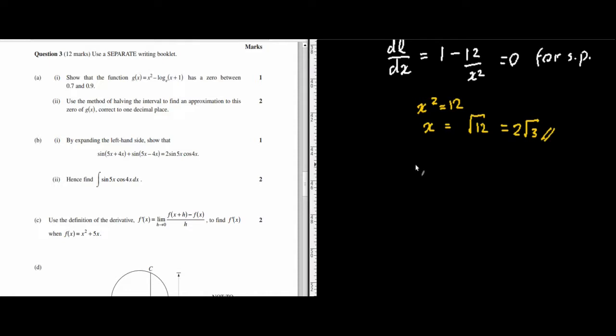So that's a stationary point. I need to find the nature of it, so I'm going to do the second derivative. It's probably not a good idea to do a table over here because it's really easy to get the second derivative, but some of you might disagree.